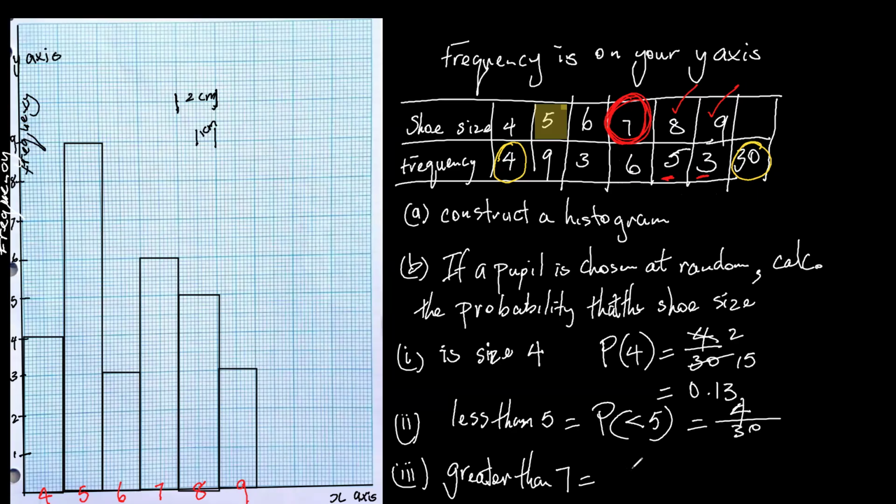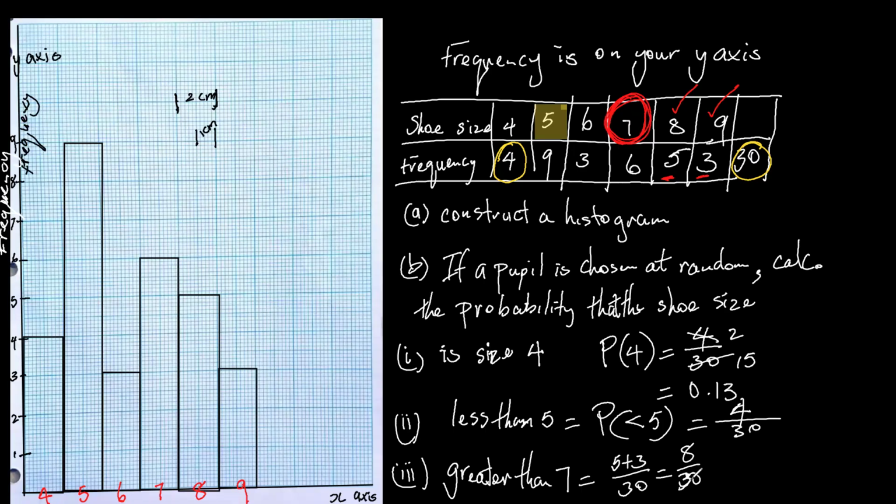So you have to add 5 plus 3 over 30, which is equal to 8 over 30. Because I wanted a shoe size greater than 7, which would be 8 and 9.